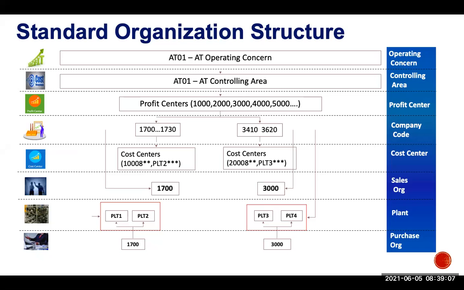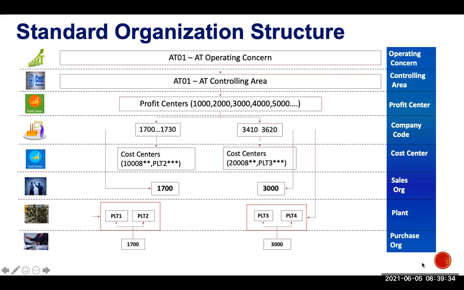So the purchase org again connects to your company code. So whenever there is a connection between your finance and other modules, normally we connect at the company code. Either directly or indirectly, we connect to company code for getting the transactions from other modules.